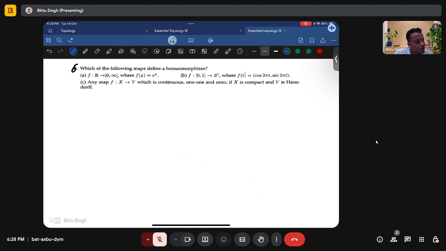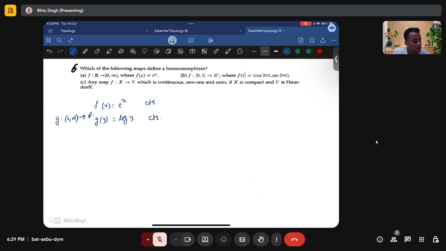Here f is a map from R to open 0 infinity given by f(x) equal to e to the power x. So we need to see if it is a homeomorphism or not. So note that f(x) equal to e to the power x is continuous obviously, and there is an inverse map, g(y) equal to log y, from open 0 infinity to R. This is well defined because 0 is not in the domain.